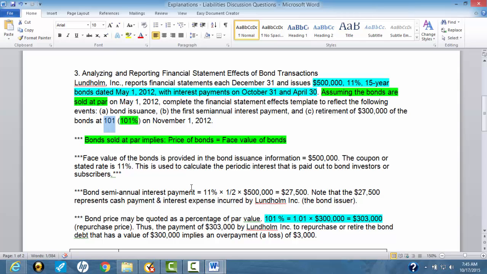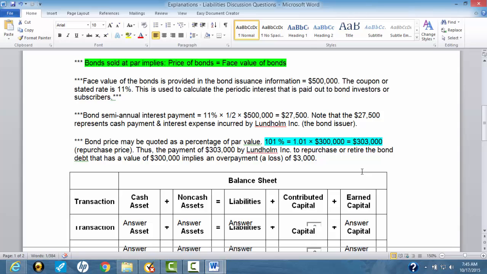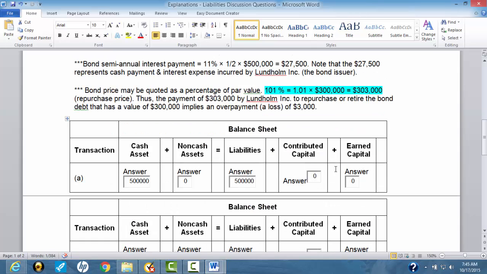Bond prices can be quoted as percentages of par, or the face value. So 101 means 101% of the face amount. So if 300,000 of the bonds were retired at a price that is higher than the book value, then we potentially have a loss on retirement.